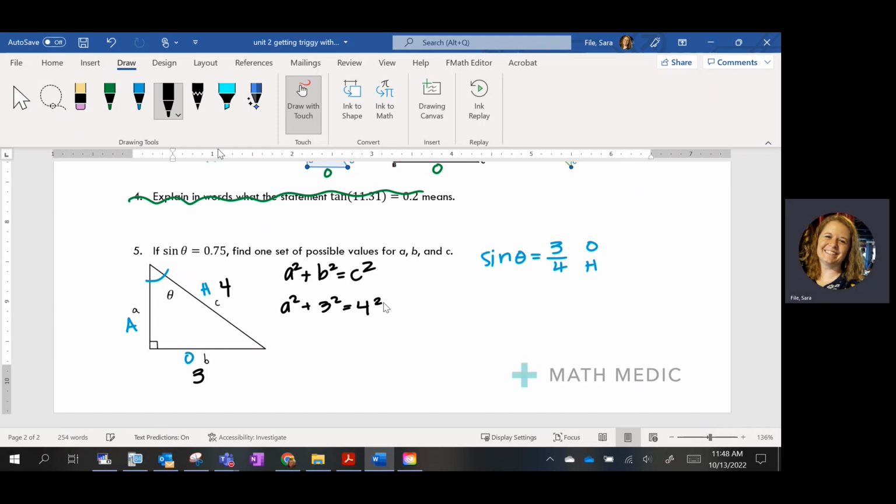And that would be 9 and 16. And what would I have to do to solve for a? I have to get a by itself. So right now it's a squared plus 9 equals 16. So I'm going to subtract the 9 over, to get rid of it on the left. Then I've got a squared equals 7.